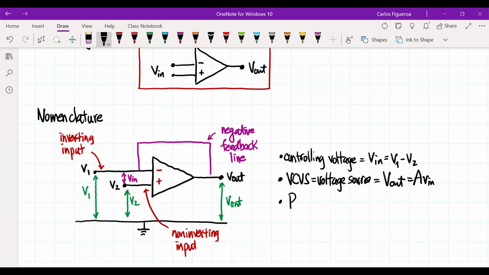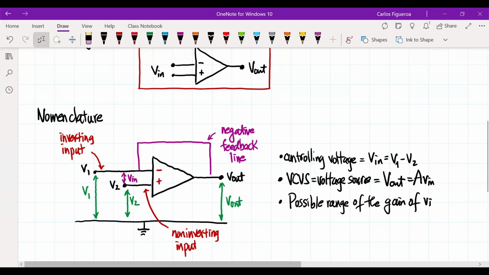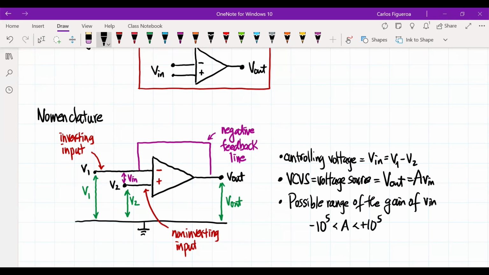And a possible range of the gain of Vn goes from negative 100,000 to positive 100,000. So that's a pretty hefty gain.